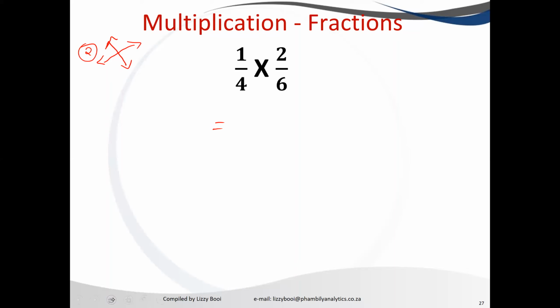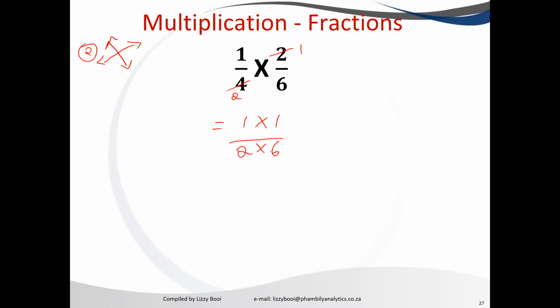1 and 6 can divide into each other anyway. 1 goes once into 1 and it goes 6 times into 6, so there's nothing we can do with that one. The next one, 2 can go into 2 1 time and it can go into 4 2 times. And what we are left with is 1 multiplied by 1 over 2 multiplied by 6.